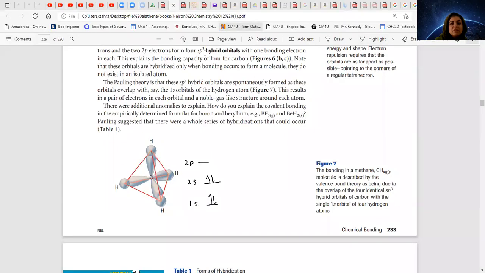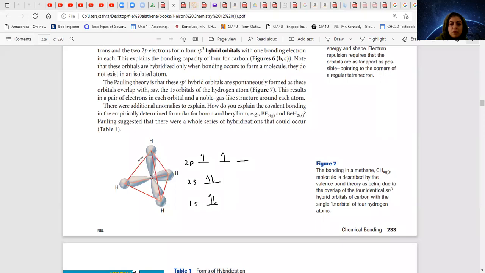For carbon, we have 6 electrons, right? So we have 6 electrons, 1, 2, 3, 4, 5, 6, right? 2p has 3 of that.